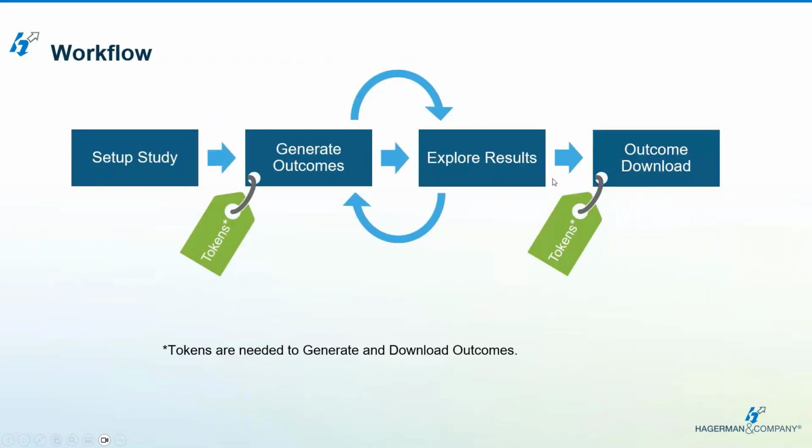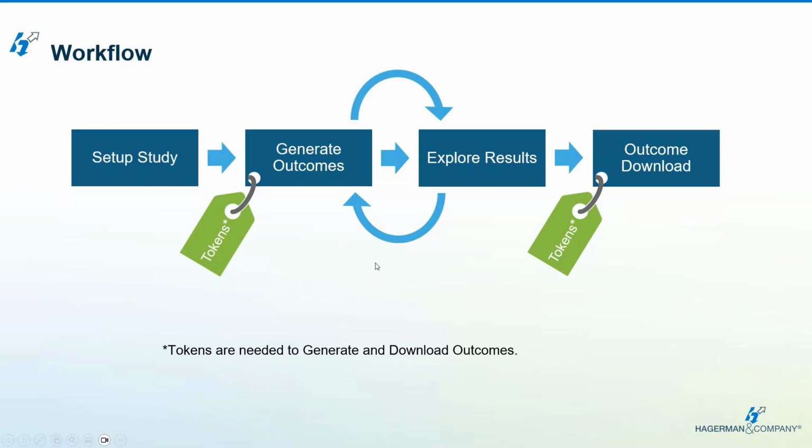And when we're thinking about generative design, I like to mention this too. We can set up the study and run the previewer and everything. But if we were going to generate some outcomes out of this on the commercial side of things, it's going to take some tokens because it's using processing power on the Autodesk side. So it does use some tokens for this, and tokens usually are around $1 per token.